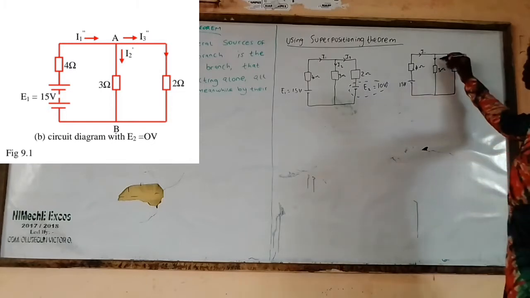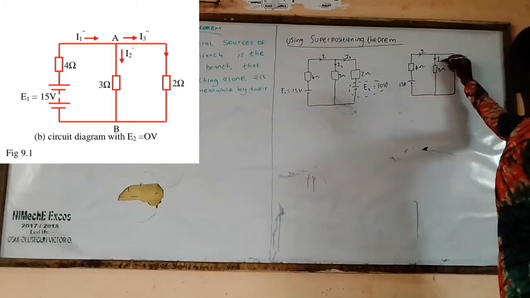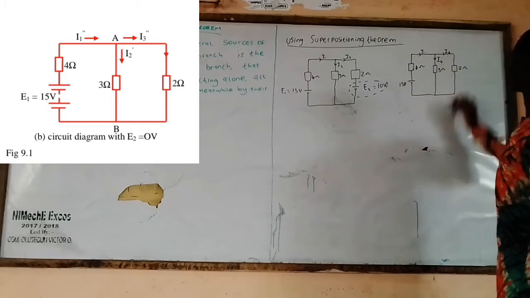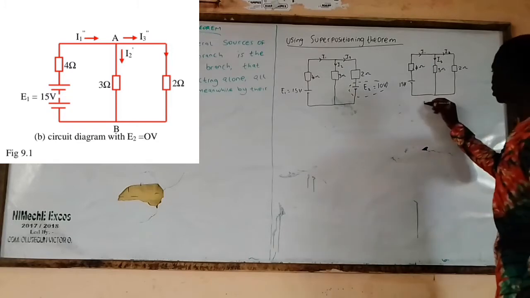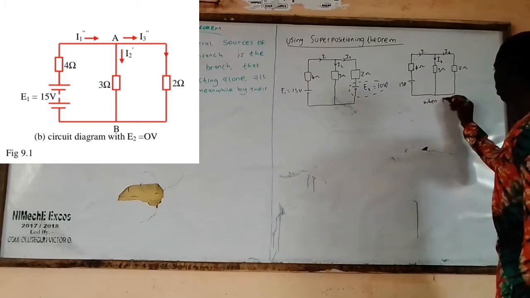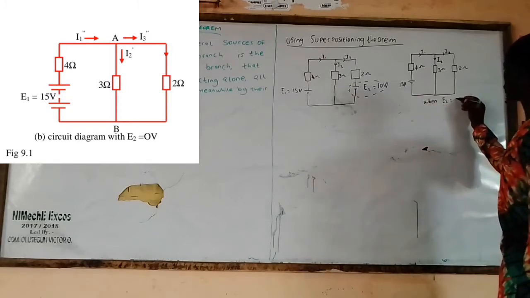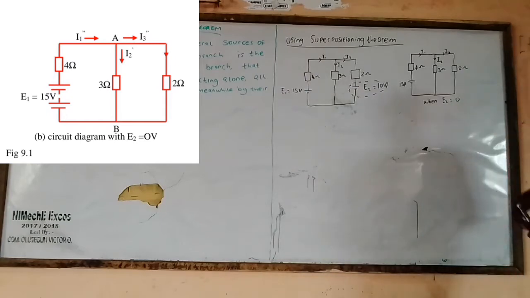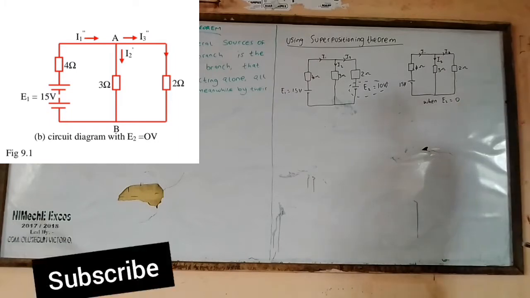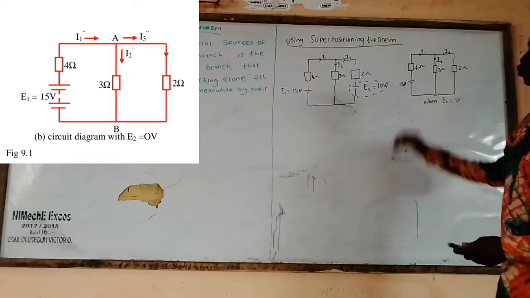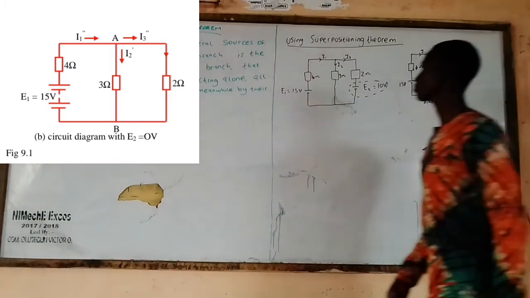And here is I2, I3. Now, when E2 is equal to 0, E2 has been removed, and we're only left with E1, which is our voltage 1.